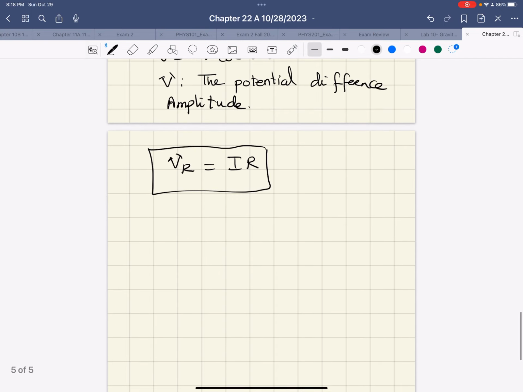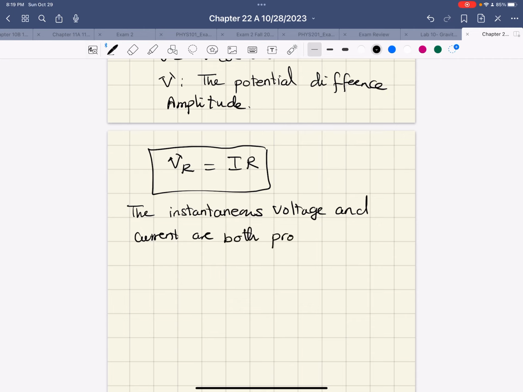And from that, we know that at any moment, the instantaneous voltage and current are both proportional to cosine omega t.